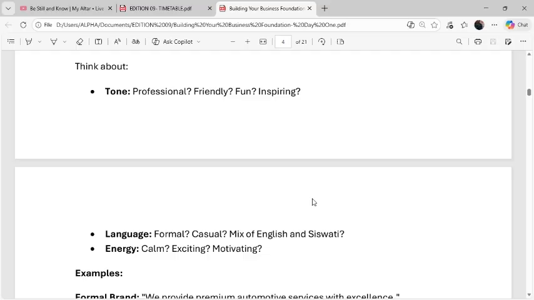So it is very much important, guys, that you choose your language very well. Professional, friendly, fun, inspiring. Choose any tone. And be flexible, because tomorrow you are going to meet somebody who wants you to be professional. Then tomorrow you are going to meet somebody who just wants you to be friendly.